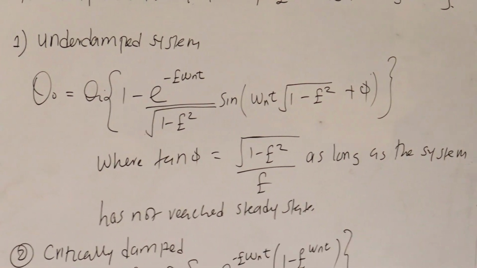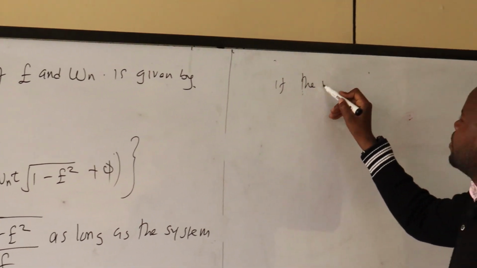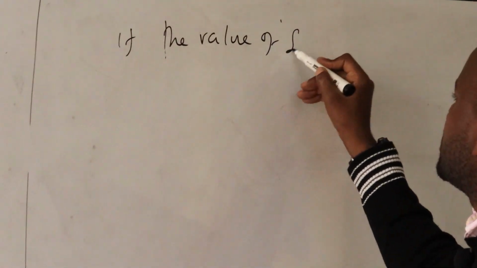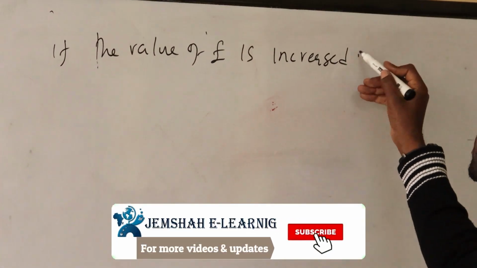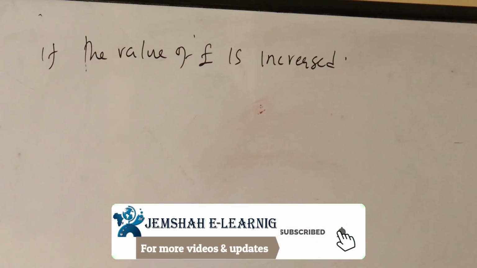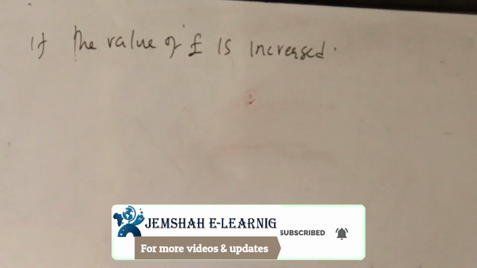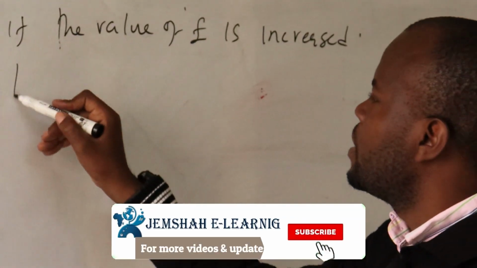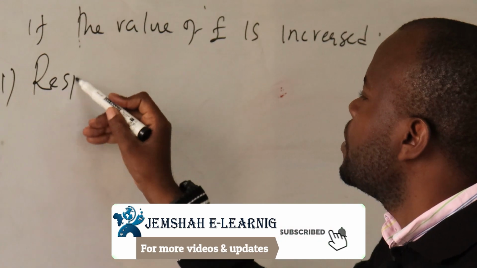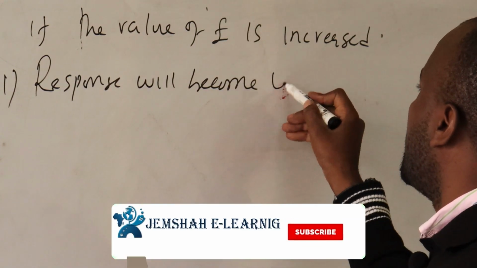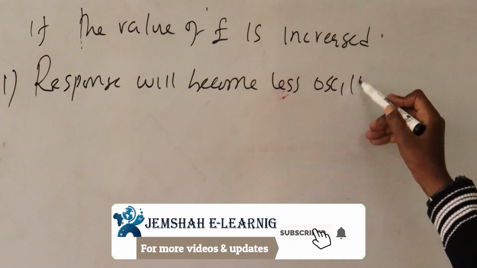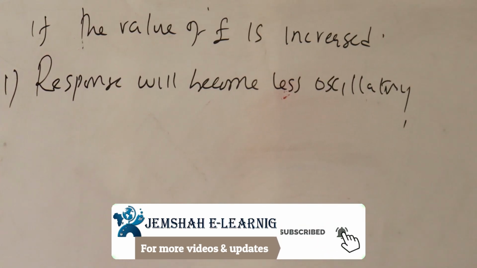So if we increase the value of zeta, then we'll find that the response will become less oscillatory.